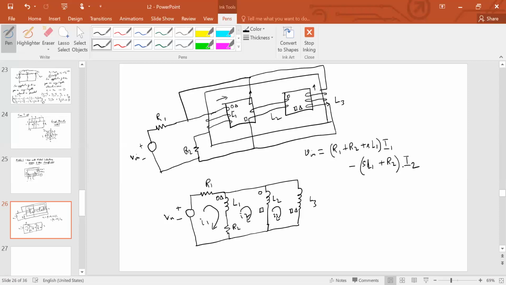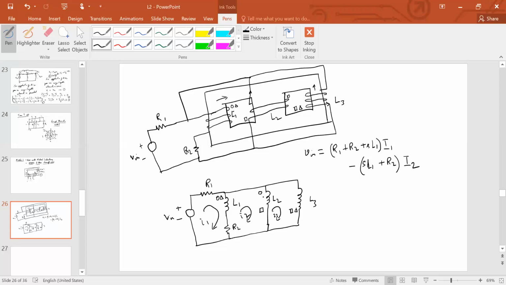But now you have to also consider the coupling factors between 1 and 2 and 1 and 3. So what are the currents that are actually causing this mutual induction? So you see, for the coupling between 1 and 2, what is the current flowing through this circuit?